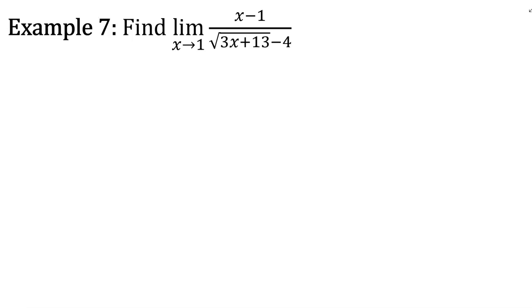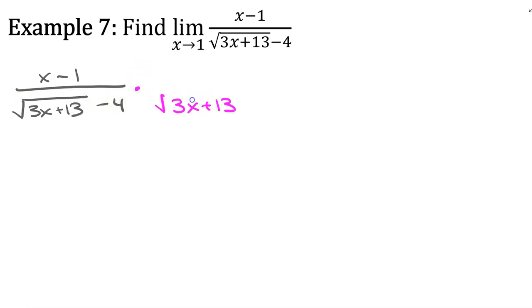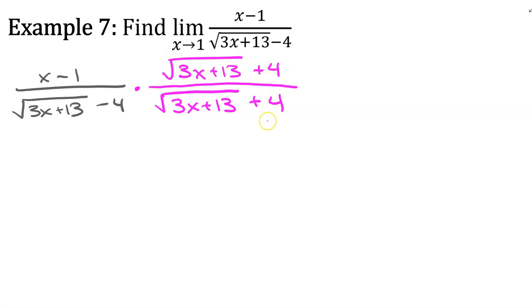So we will simplify this function. We have a radical in our denominator, so we will multiply by its conjugate. So the conjugate in this case would be square root of 3x plus 13 plus 4, which is very annoying, but they told us to, so we gotta. So what will this result in?